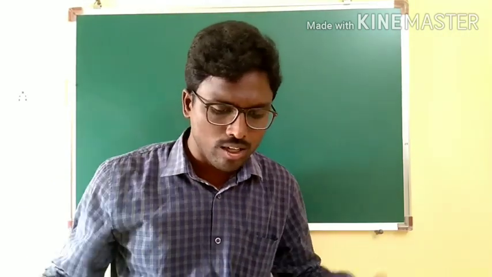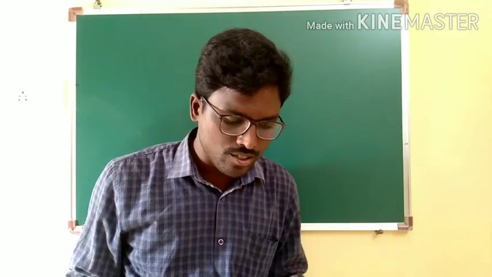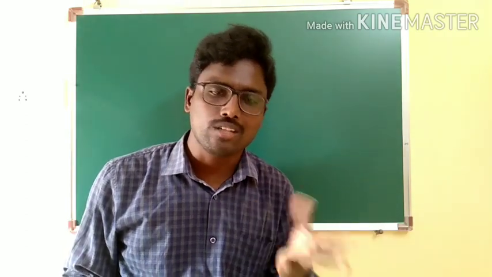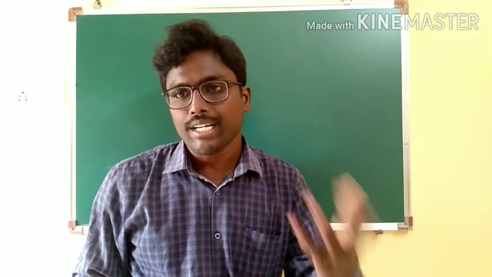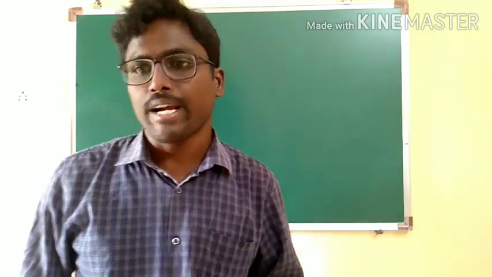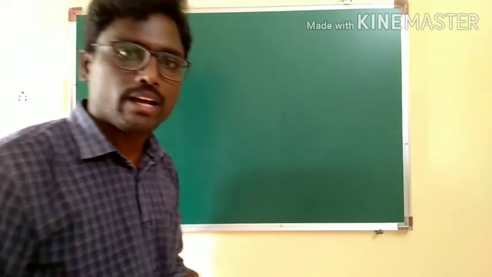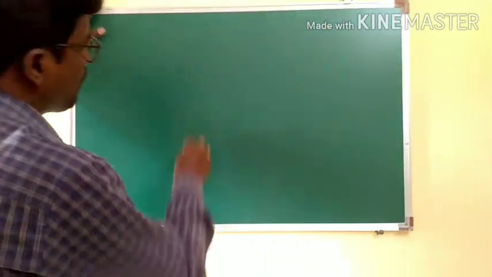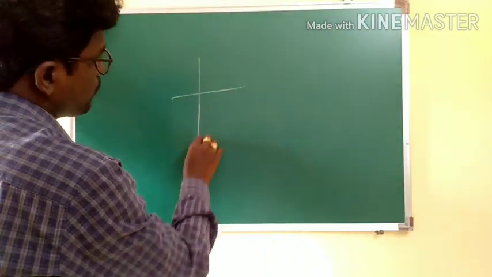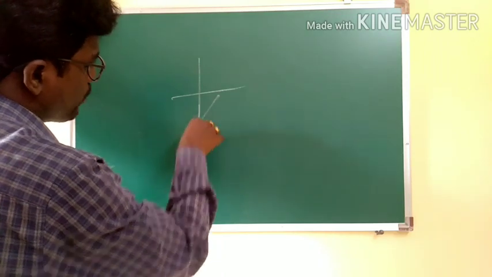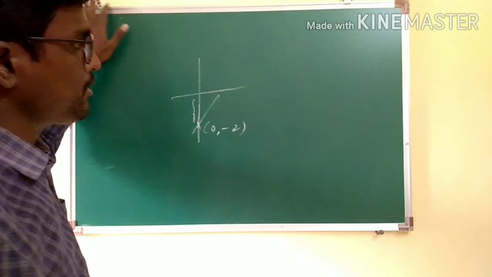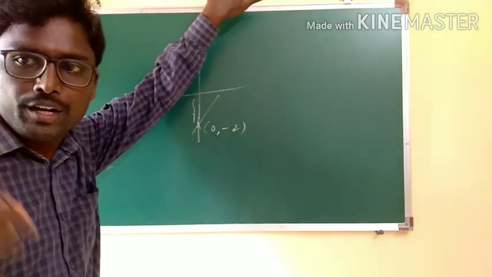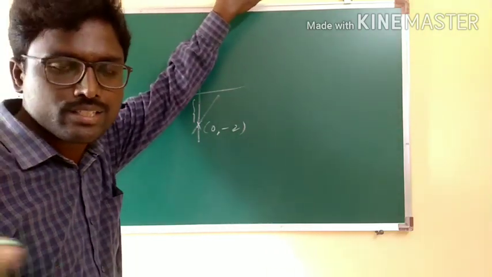The question is so large here, but if you understand the question properly, it is a one-step question. Here we are talking about the y-intercept as -2, because of the negative y-axis, so the line is going to cut the y-axis in the negative direction at 2 units away. And what will be the point? 0, -2. The point is 0, -2 and the inclination is 30 degrees.